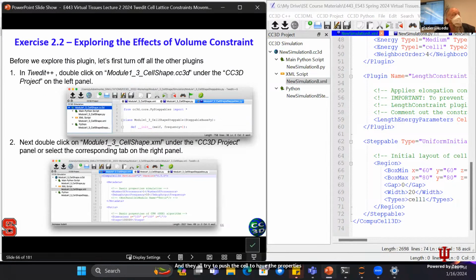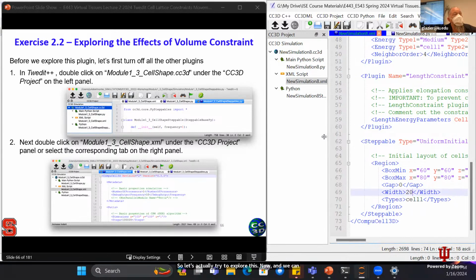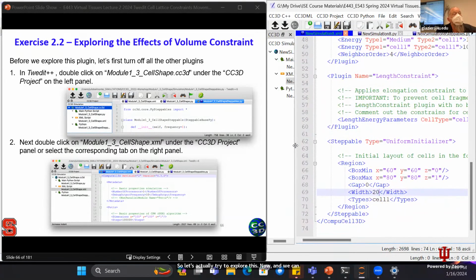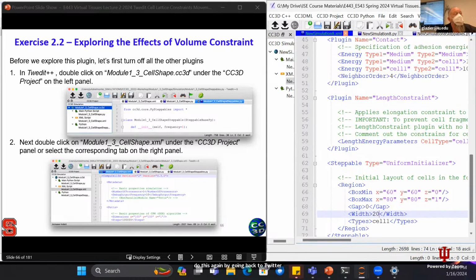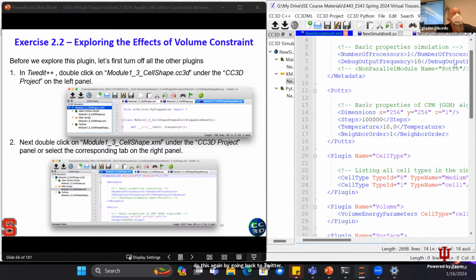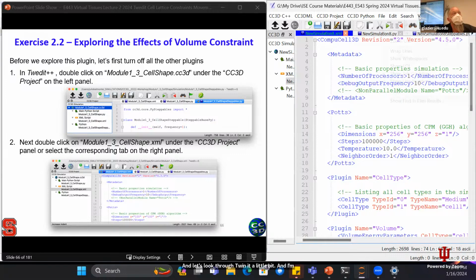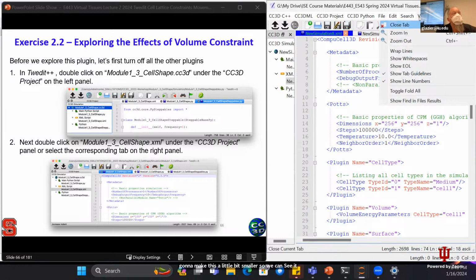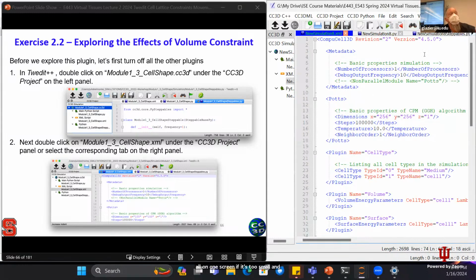So let's actually try to explore this now. And we can do this again by going back to Twedit. Let's look through Twedit a little bit. I'm going to make this a little bit smaller so we can see it all on one screen. If it's too small and you can't see it, let me know.